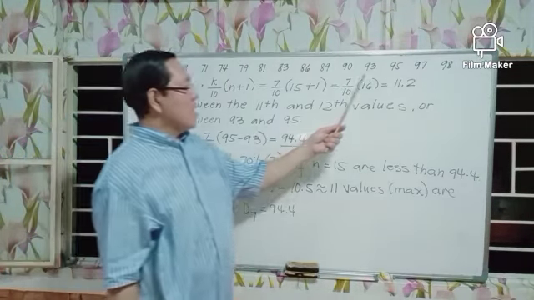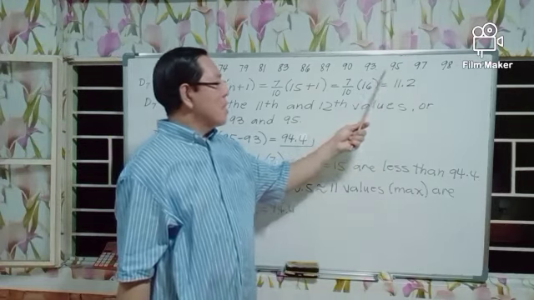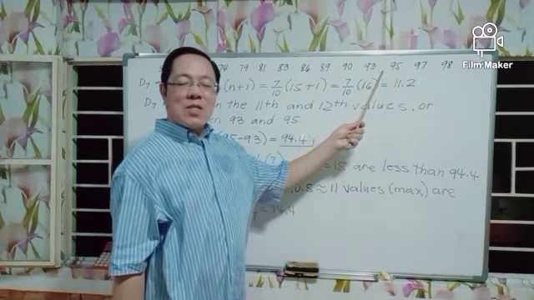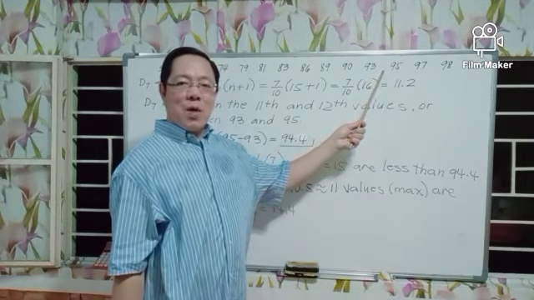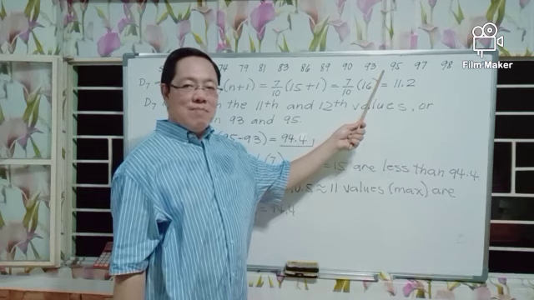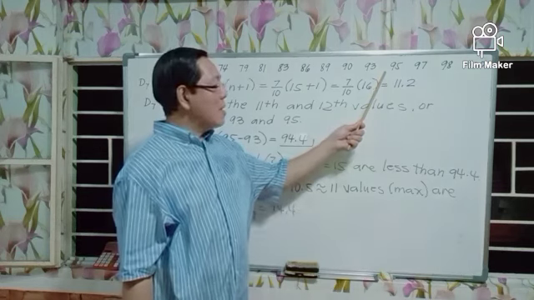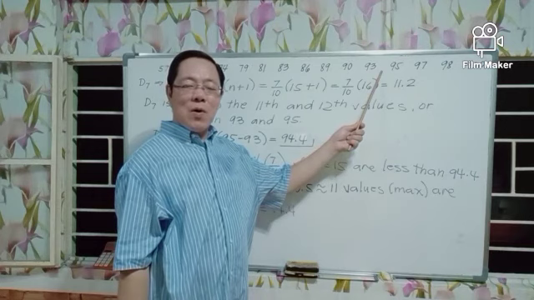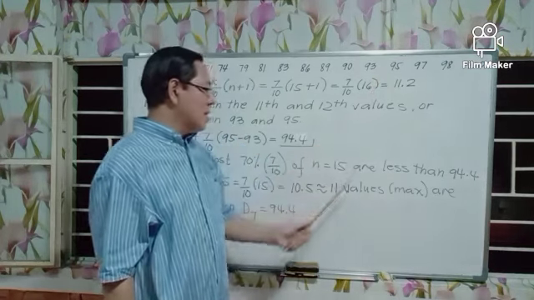94.4 is between 93 and 95. And we count the number of values that are less than 94.4. The maximum number of values that are less than 94.4, or the 7th decile, should be 11.